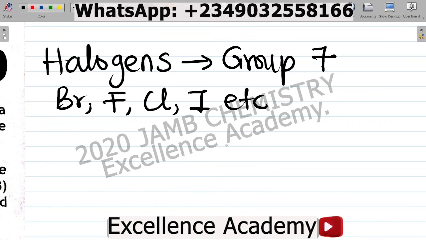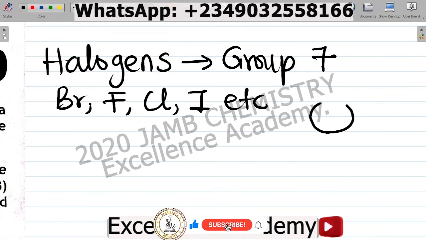One thing that characterizes these halogens is that they are group 7 elements, which means that they have 7 valence electrons. That means for a halogen, the number of electrons on the outer shell is 7.